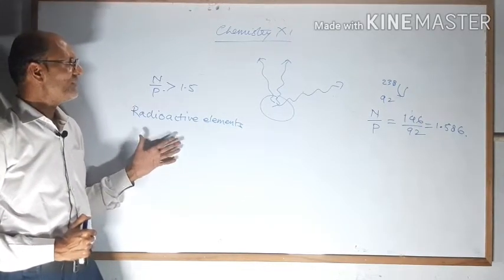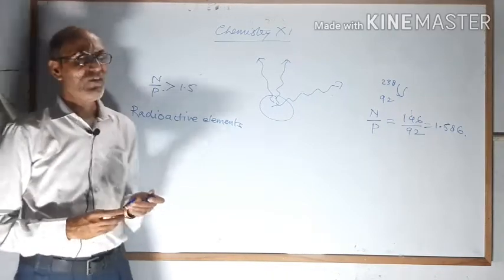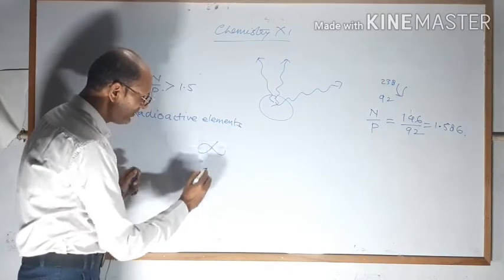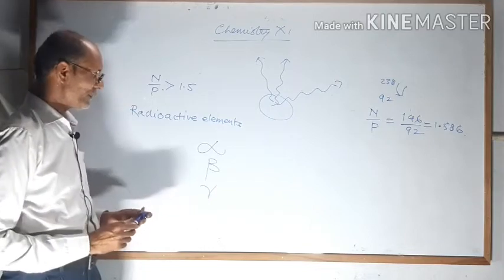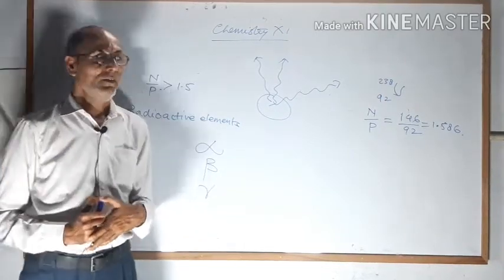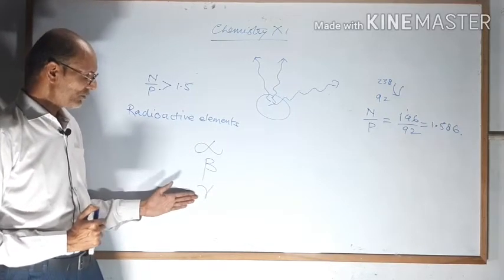So there are 3 types of radiation and they are called alpha, beta and gamma. These are radioactive radiation. They are emitted from the radioactive nucleus.